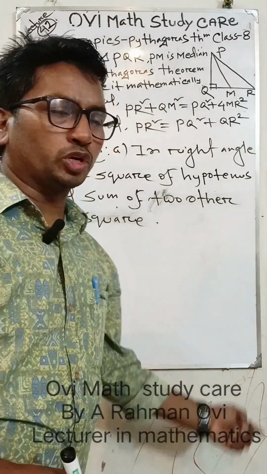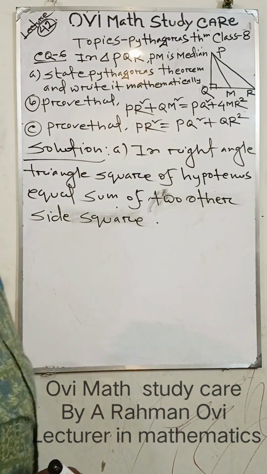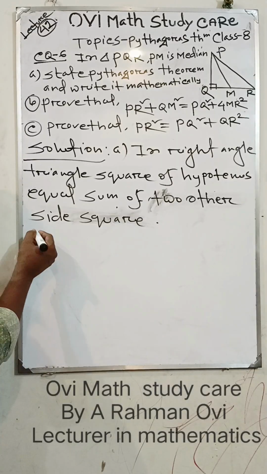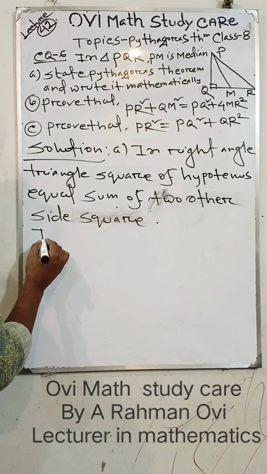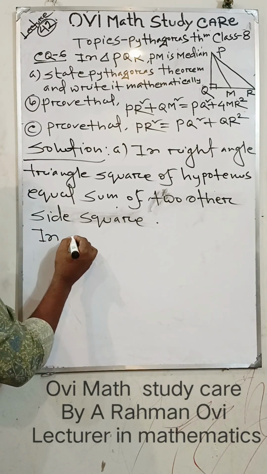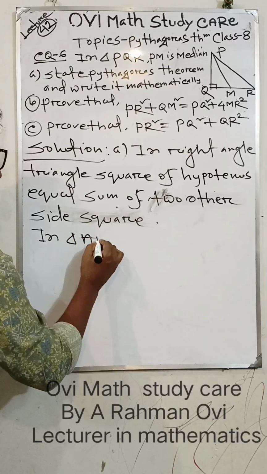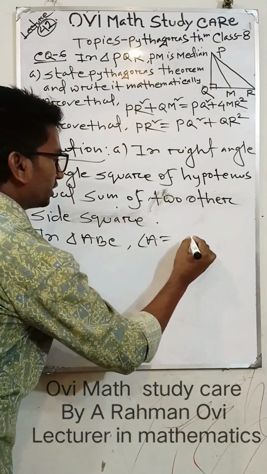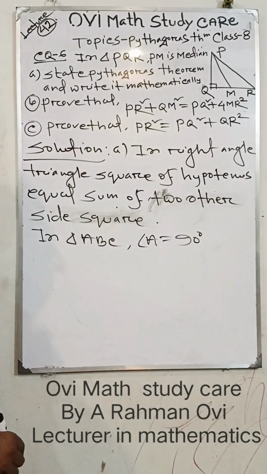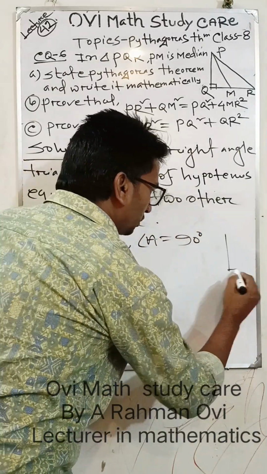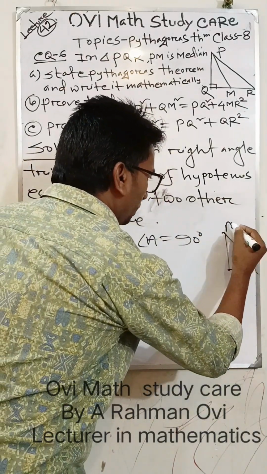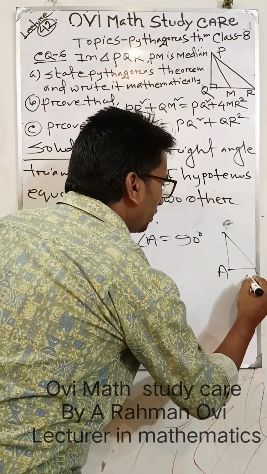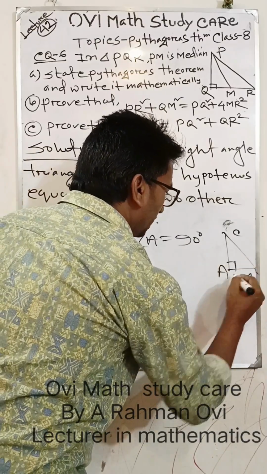We should write it mathematically. How can we write it mathematically? Suppose in triangle ABC, A is 90 degree. ABC, A is a right angle triangle.